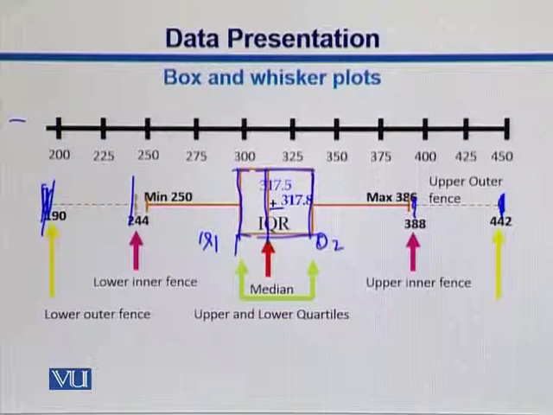The procedure which I am following as far as this course is concerned, we draw these whiskers to the minimum number which is between those inner fences. The minimum number between or after that lower fence is 250. So we draw the whisker up till that point towards the lower side, and towards the higher side I will take the maximum value that is between or before this upper inner fence. That is 386. So we draw our whiskers.